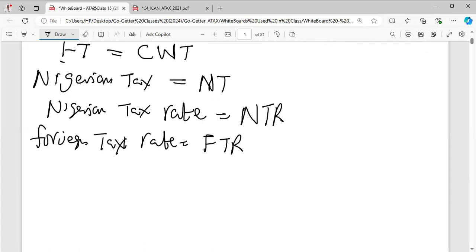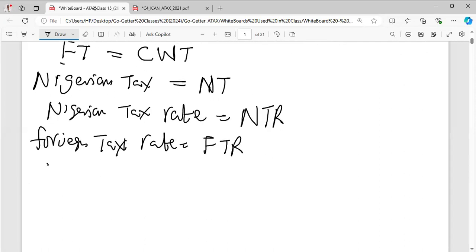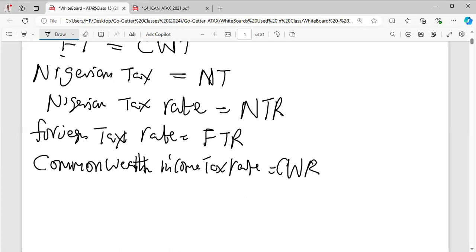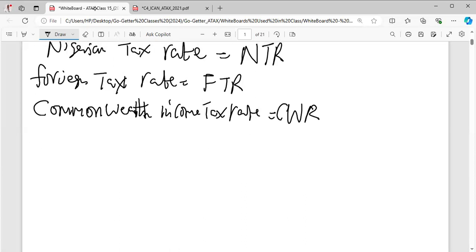So we said it's still called Commonwealth income tax rate. Let me call it CWR. Let's call it that way. Now, what you now need to do is this.